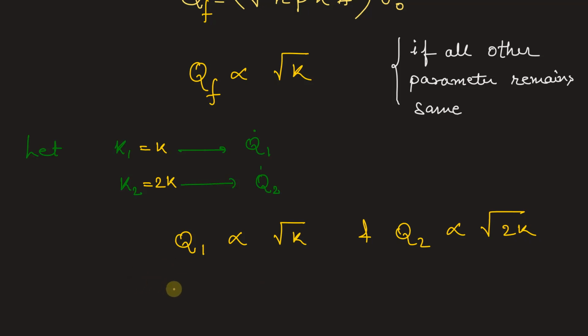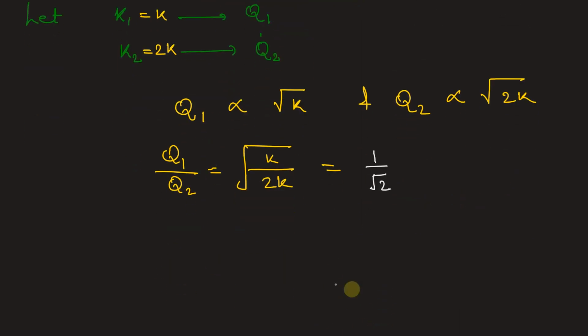So if we take the ratio Q1 by Q2, we will get square root of k by 2k, or 1 by square root of 2. But in the problem we need to find Q2 by Q1, right? So Q2 by Q1 will be equal to square root of 2.